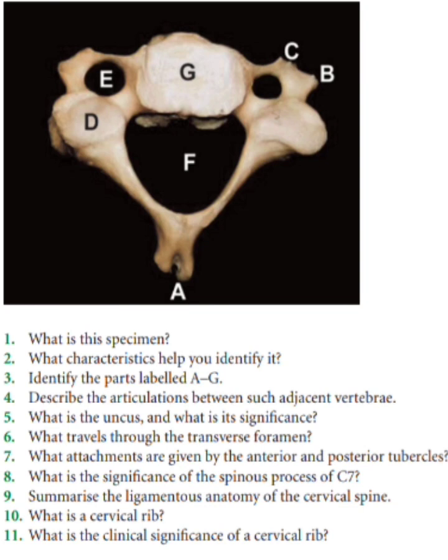Number 9. Question number 9. Ligaments and anatomy of the cervical spine. The answer is the anterior and posterior longitudinal ligaments on the anterior and posterior surfaces respectively. The vertebral processes are also joined by the supraspinous and interspinous ligaments.